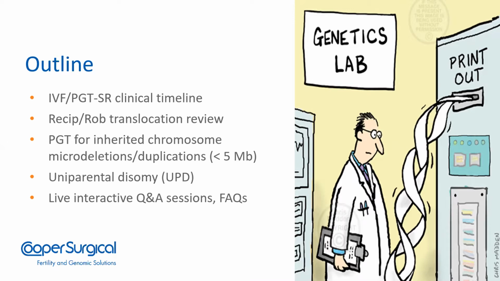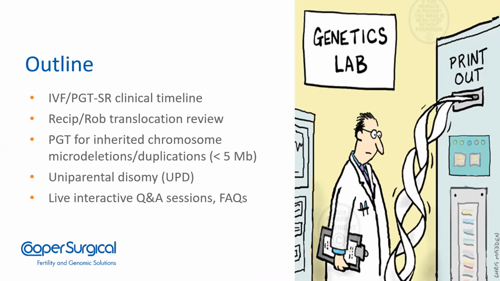Further on, in the later two-thirds of the presentation, I'm going to review inherited chromosome microdeletions and microduplications. When I say that, it's a reference to the resolution of NGS. Anything that's less than 5 megabases, we internally say is a microdeletion or duplication.